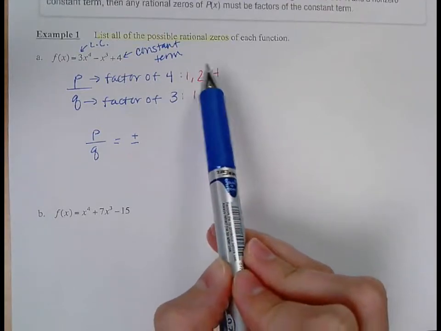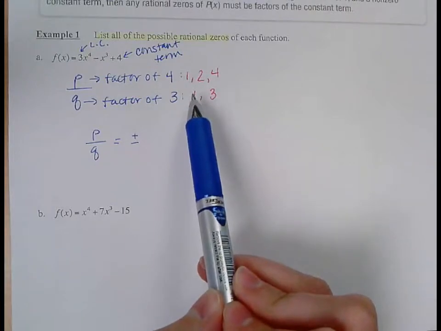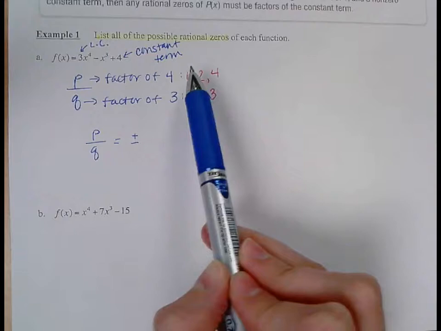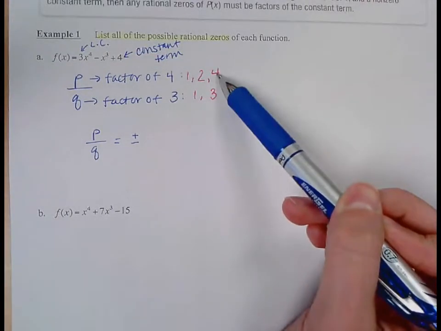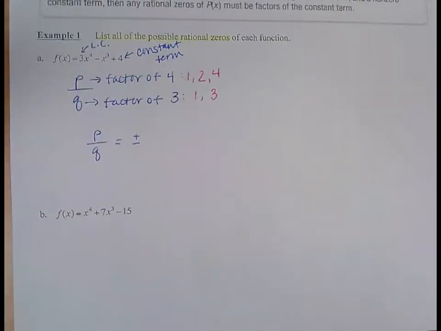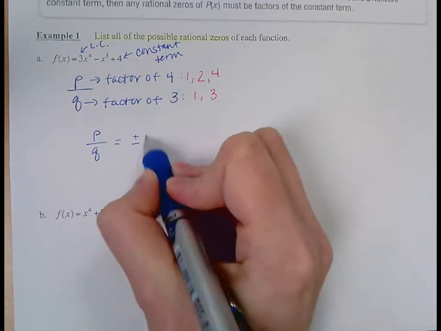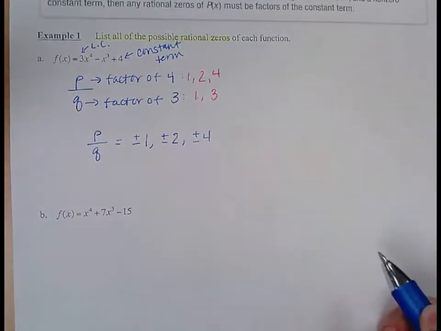So I usually take all of the factors of the top and put them over the 1 first, and then I take all of the factors of the top and put them over 3. If I take 1, 2, and 4, and put each of those over 1, any number over 1 is just itself. So 3 of my factors are going to be plus or minus 1, plus or minus 2, plus or minus 4.